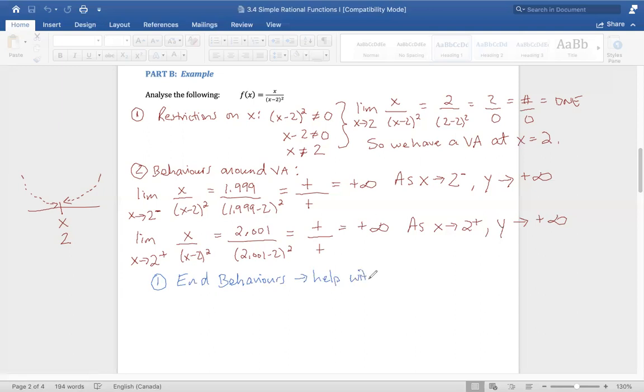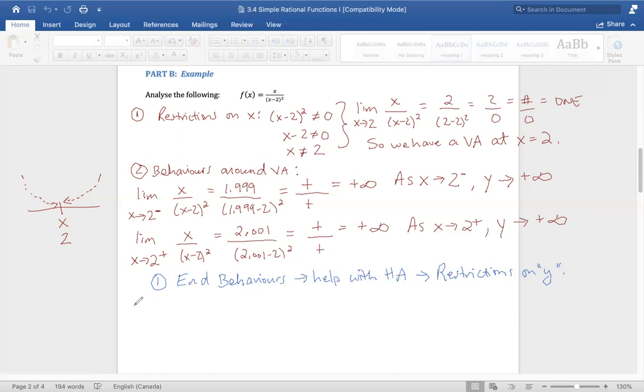To help with my horizontal asymptote, which will figure out my restrictions on y. Okay, I don't know if I can fit all of this in here. I might have to move it eventually, so stay with me.